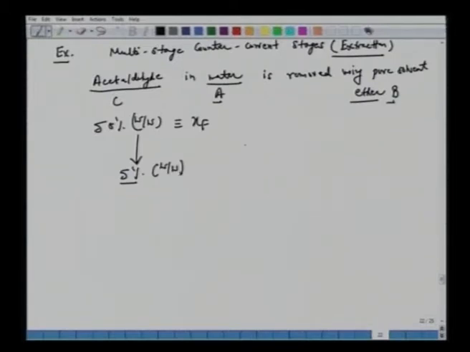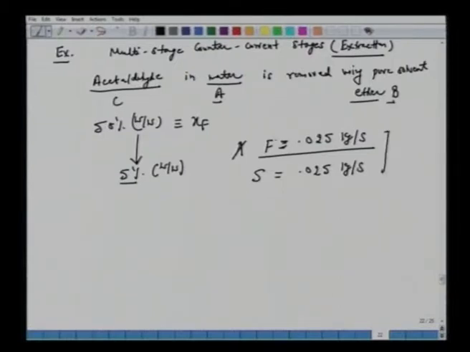Solution flow rate, so this is A or F. F is 0.025 kg per second. So this is the solution feed rate. And the amount of solvent, S or B here, is also 0.025 kg per second.